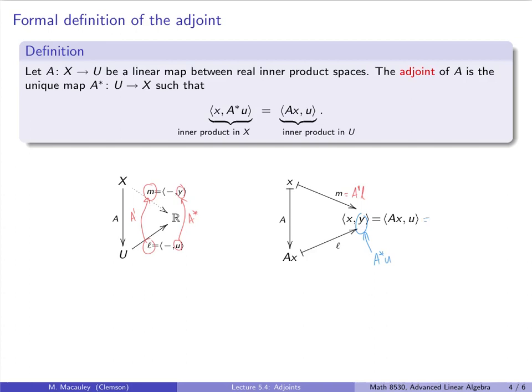So in other words, this is equal to the inner product of x with A star u. And notice why A star is a linear map, because if I replace u down here with, say, 2u, I double it, then in order for this equality to hold, I have to replace y with 2y. So y depends linearly on u.